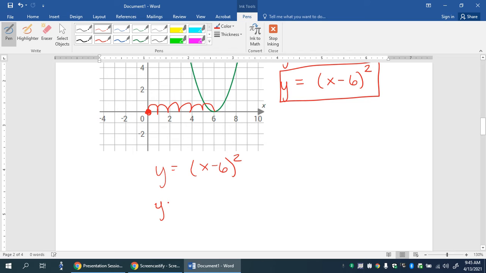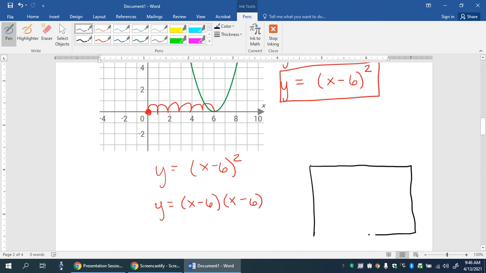So this is the same thing as x minus 6 times x minus 6. So now that we have two expressions, we can put them on the columns and the rows of our box. So this would be x minus 6 up here and x minus 6 down here.